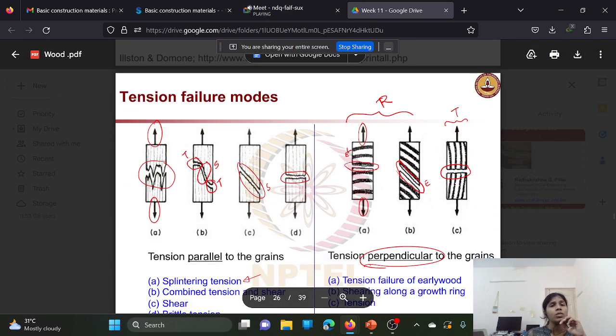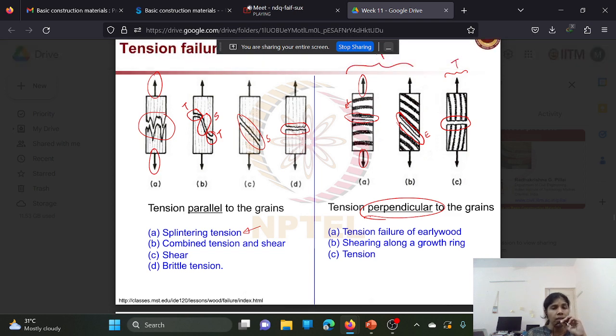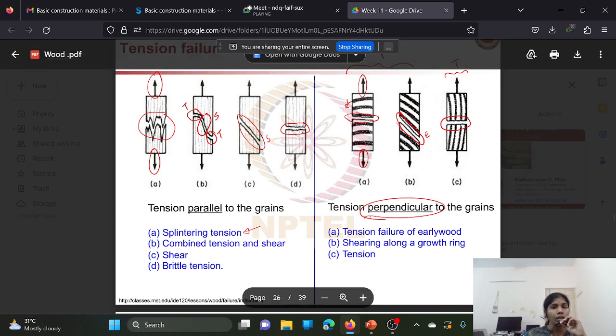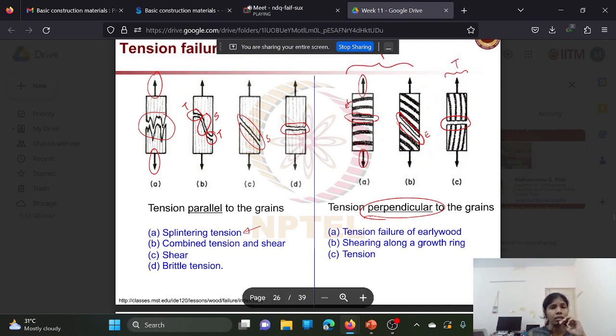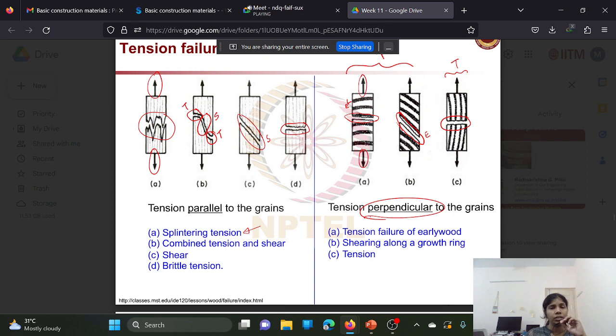And these are the tension failure modes when the load is applied parallel to the grain. See here, the tensile force is applied parallel to the grains. In this case, you can see splintering tension, combined tension and shear, shear failure, and brittle tension.